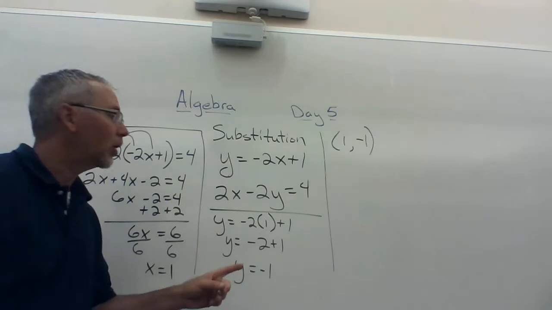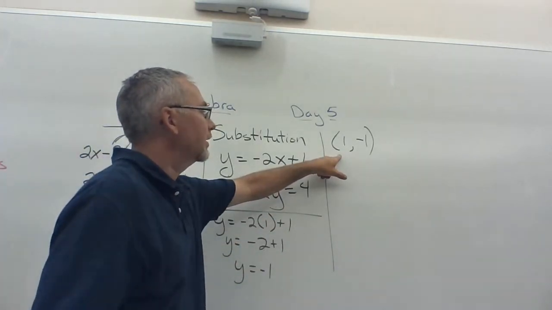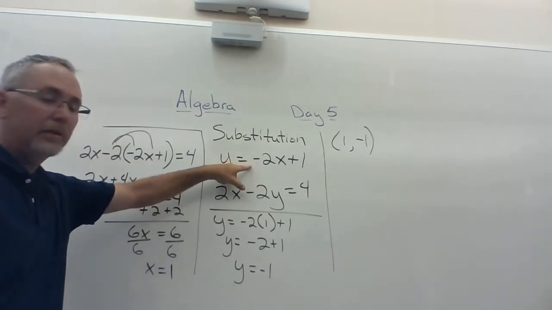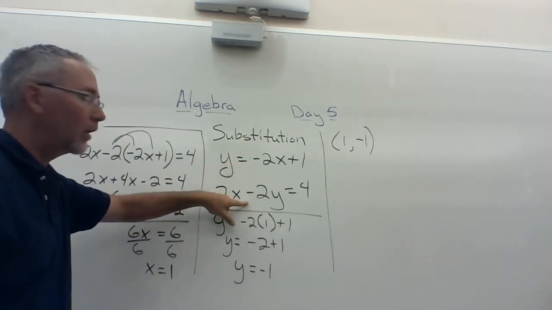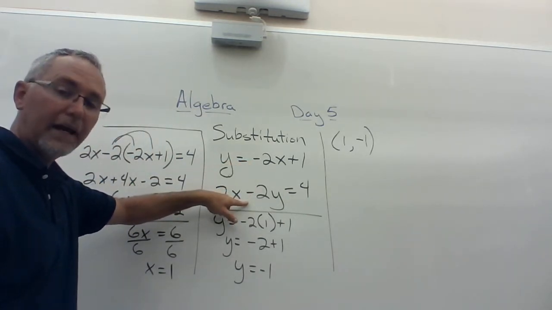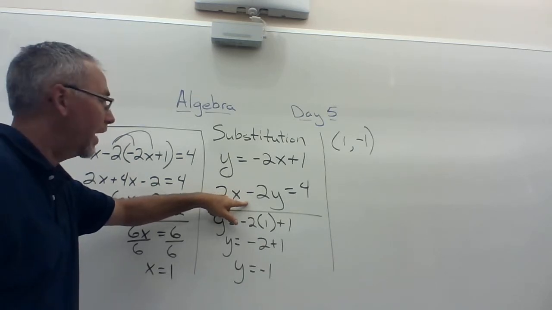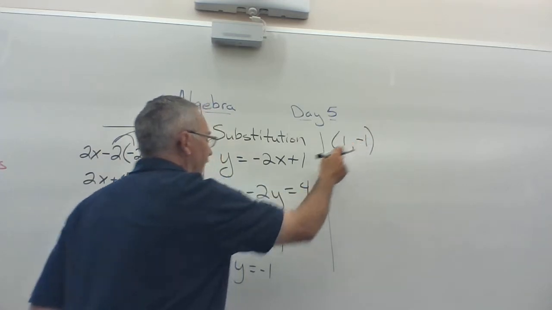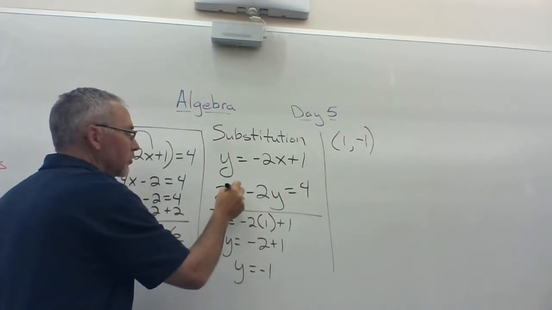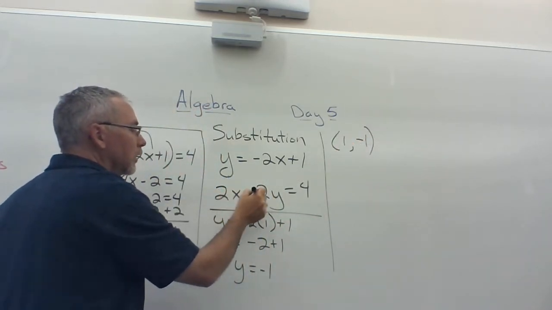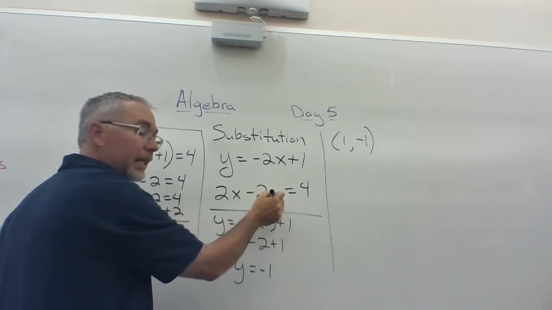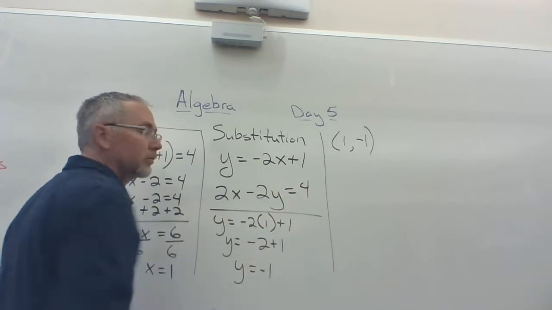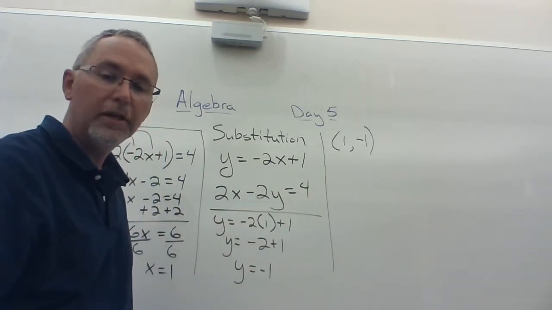So now I know that at the point 1, negative 1, is where this line, if I graphed it, and this line, if I graphed it, would intersect on a coordinate graph. If I want to double check myself, I can plug this in for x and that in for y. 2 times 1 is 2. Negative 2 times negative 1 is 2. 2 plus 2 is 4. I know it works for both equations.